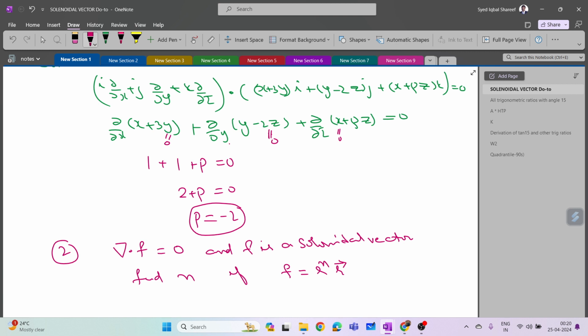You have to find n if F is this, a solenoidal vector. Solenoidal vector means del dot F equal to 0. Okay, let's go one by one. Very easy.